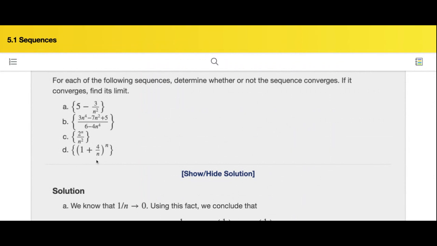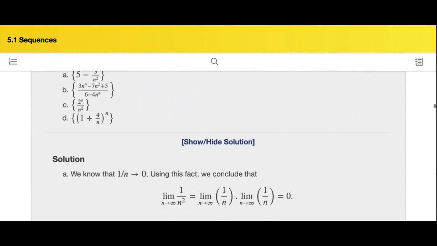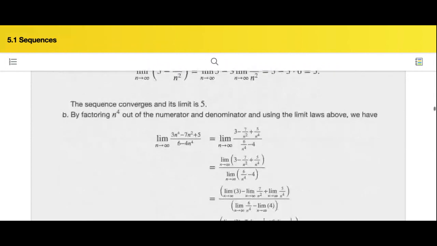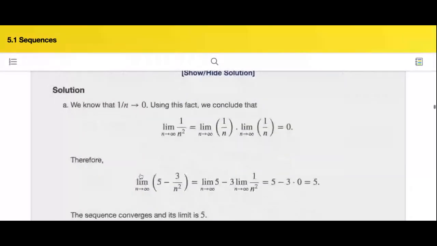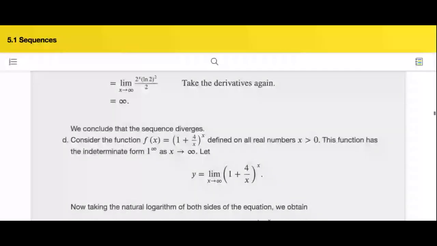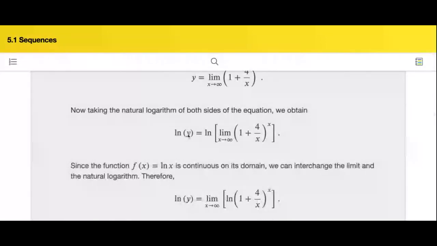So e raised by 1, so e, is the definition of the limit of 1 plus 1 over n raised by n. That's the definition of e. And the proof that the limit of 1 plus 1 over n raised by n equals e is the exact same way as this.